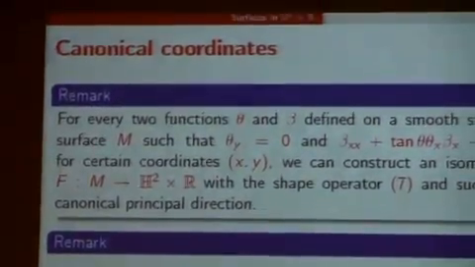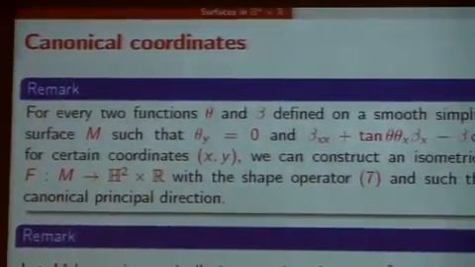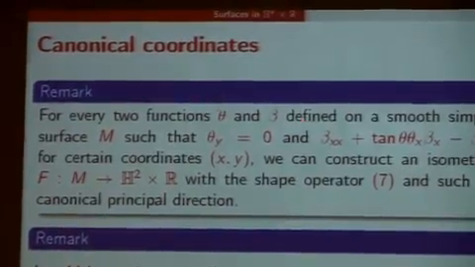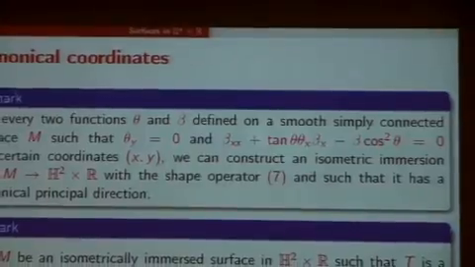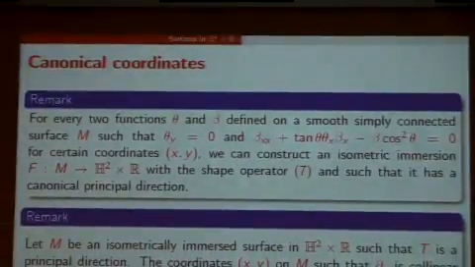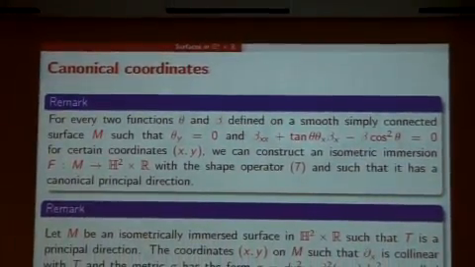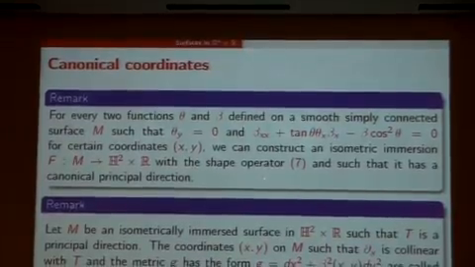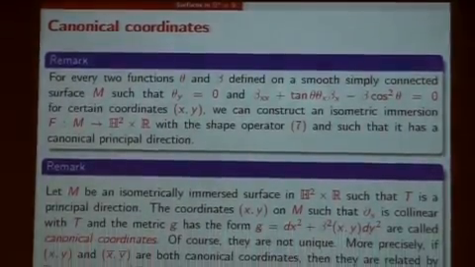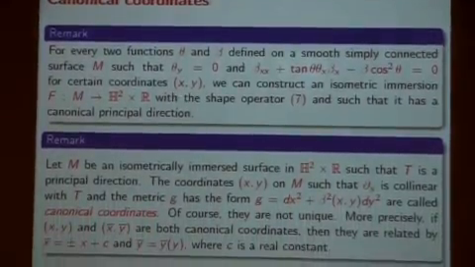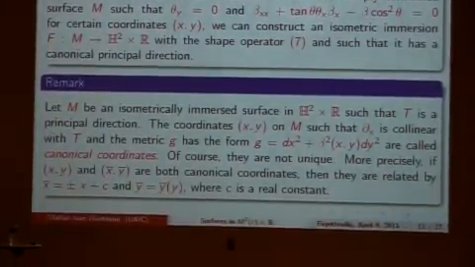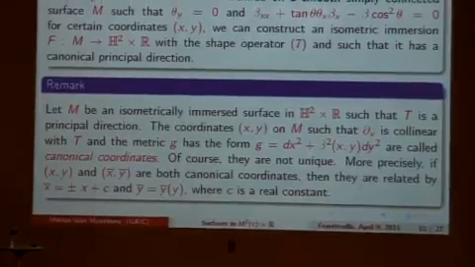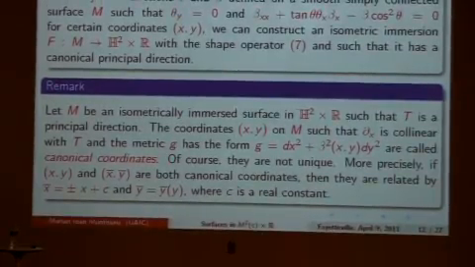So a remark is for every two functions, theta and beta, satisfying these two previous conditions, we can construct an isometric immersion of M into H2 cross R with the shape operator defined as before, and such that this T is principal direction. So we will call these X and Y canonical coordinates.